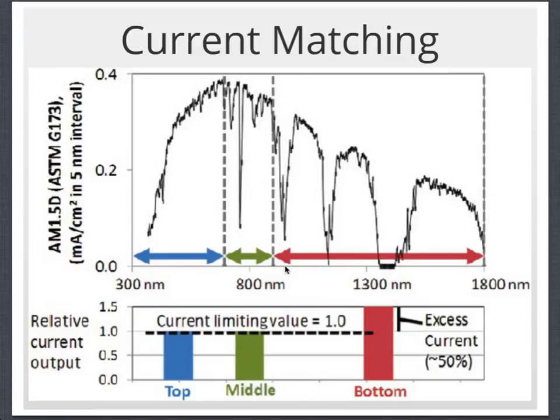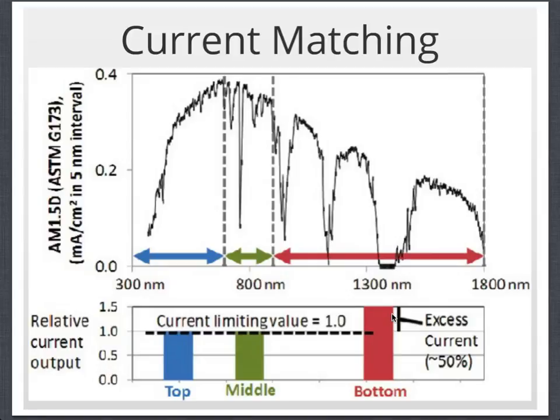And the other reason is current matching. Since the solar cells are put on top of each other, they're connected in series. Here you can see that the top and middle cells produce the same amount of current, but the low band gap cell produces a much higher current than the other two.